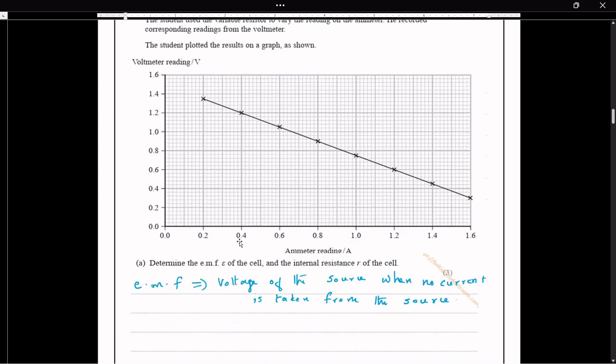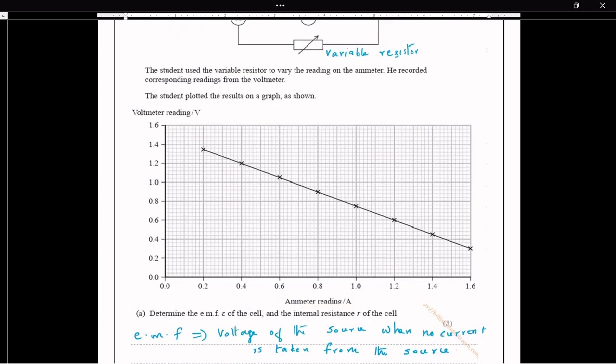From the graph, the y-axis is the voltmeter reading V, and the ammeter reading, the current, is along the x-axis. According to the definition, the EMF is the voltmeter reading when no current is taken. No current means when current is zero. So when current is zero, what is the voltage?